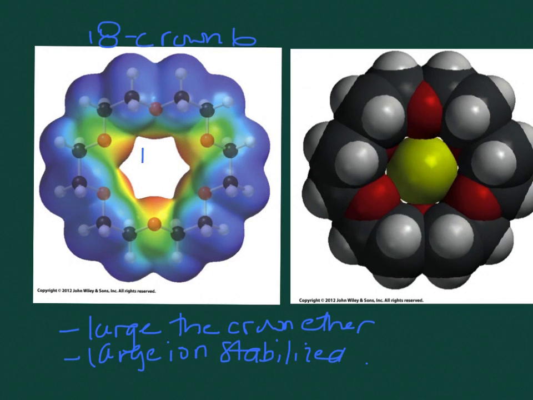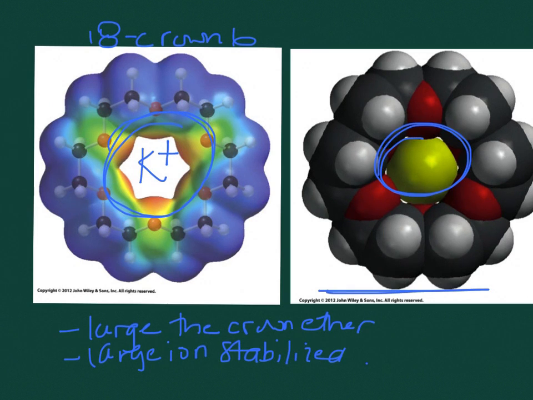This can accommodate a potassium cation in the cavity. From the electrostatic potential map, you can see a higher concentration of negative charge, more partial negative, coming from the oxygens pointing inward. And in the space-filling model, the potassium fits right inside that cavity. So this is a very interesting example of self-assembly and non-covalent interactions.